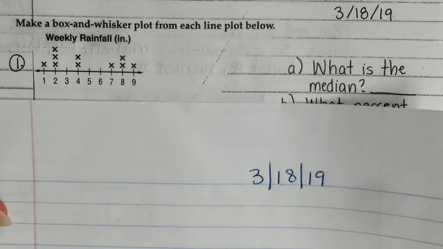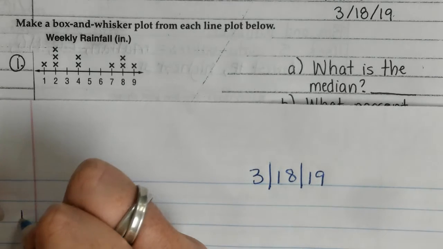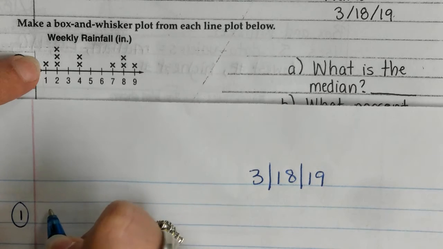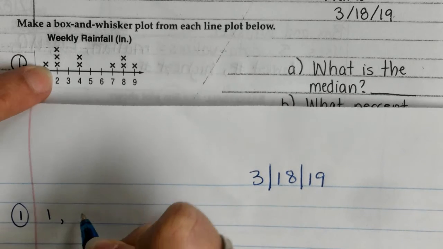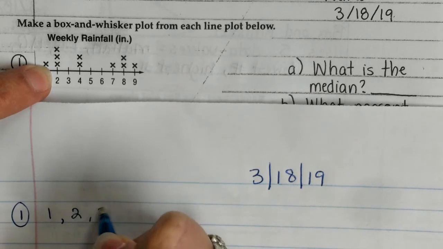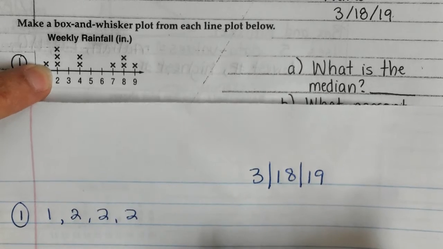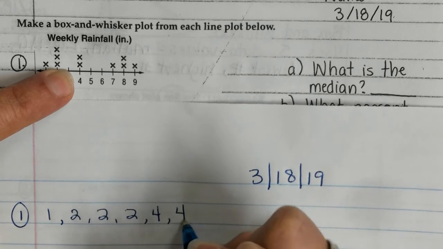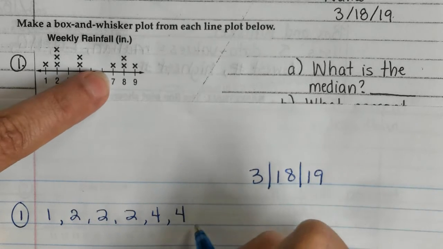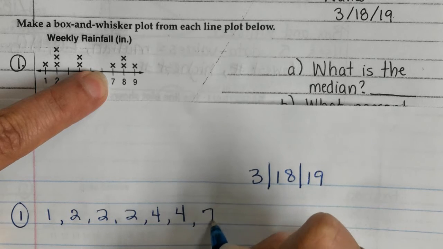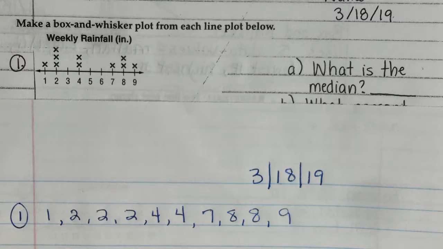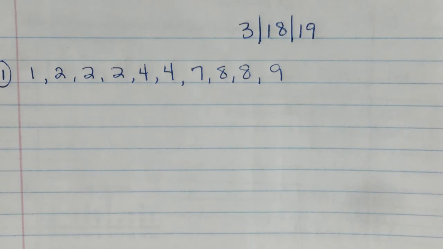So starting out with number 1 here, I'm going to start by writing out my data, my numbers. They've got a 1, 3 2s, 2 4s, 1 7, 2 8, and then 1 9.